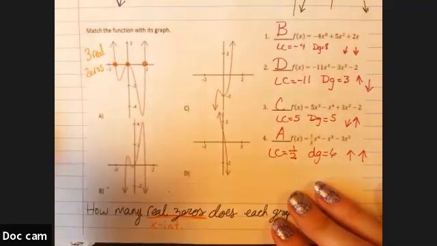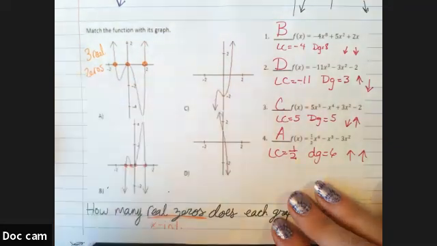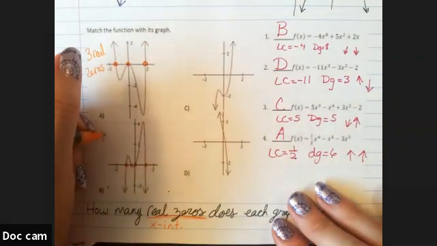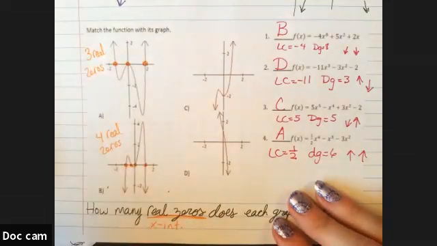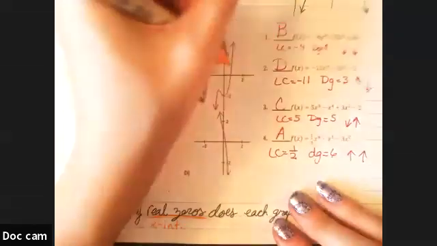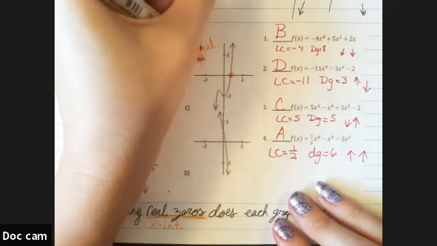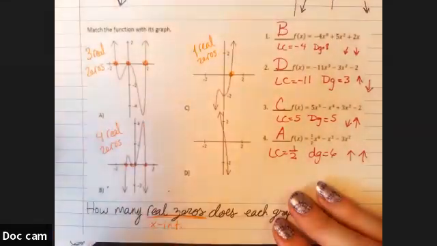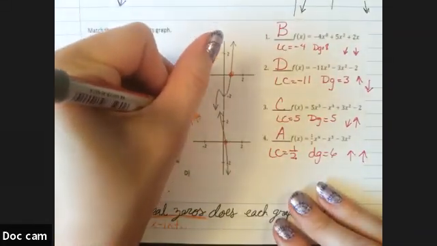And graph B has 1, 2, 3, 4 real zeros. And then graph C has 1 real zero. And graph D also has 1 real zero.